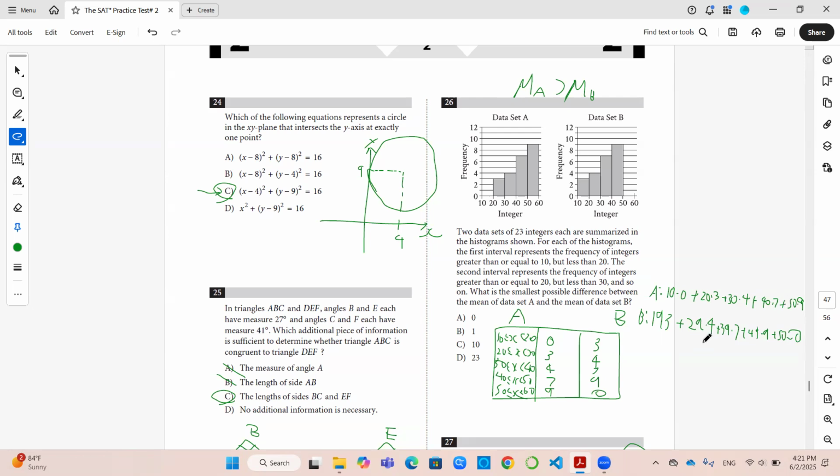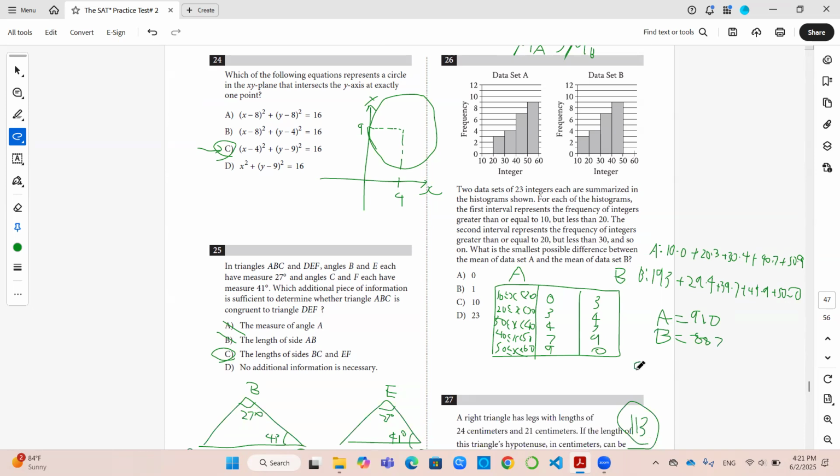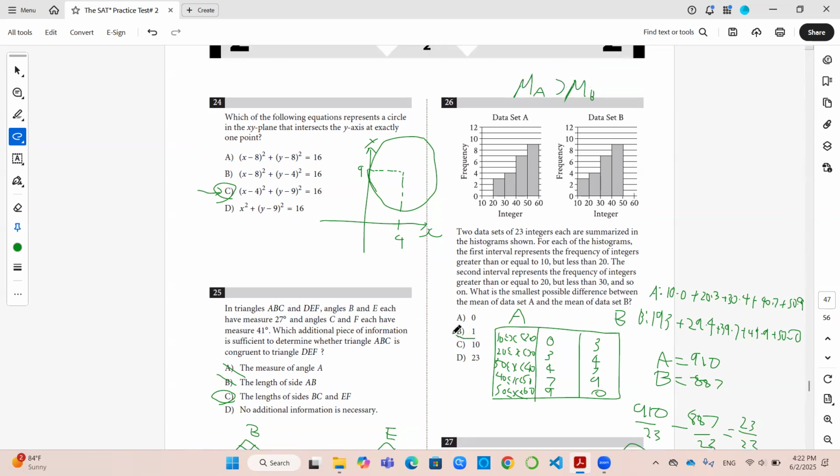Okay, so punch this in your calculator, then A is going to be 910 and B is going to be 887. Because we're getting the mean, it's 910 divided by 23 minus 887 divided by 23, which is equal to 23 divided by 23. That's equal to 1. So B is the correct answer.